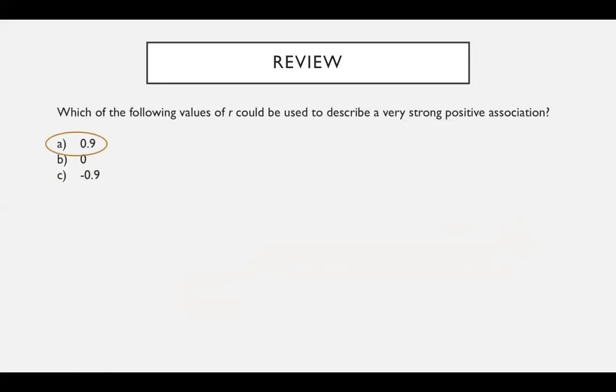So positive is the difference between A and C here. If they were just looking for just a strong association, A and C would both be correct answers. But since we're looking for a strong positive association, our answer would be A. And 0 is just not strong. There's no relationship at all there, so that cannot be our answer. But since we're looking for a positive association, A is our answer.